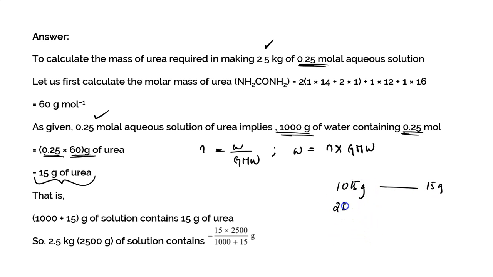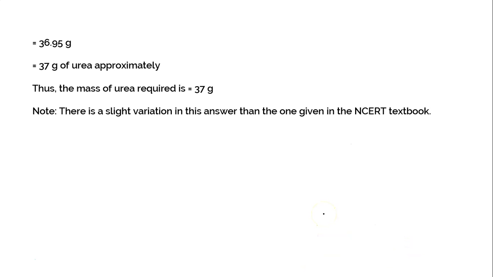So if I have 2500 grams of a solution, how many grams of urea will be present in that? You cross multiply 2500 into 15 divided by 1015, and when you simplify, the answer will be 36.95 grams. So 36.95 grams of urea is present in the solution whose molality is equal to 0.25. I hope you could understand this.